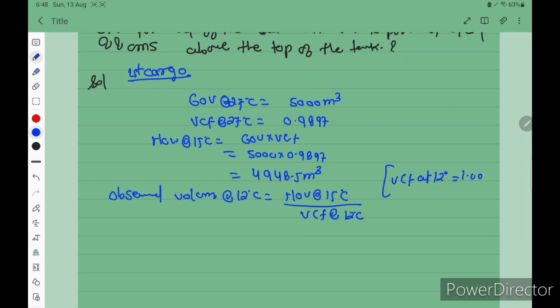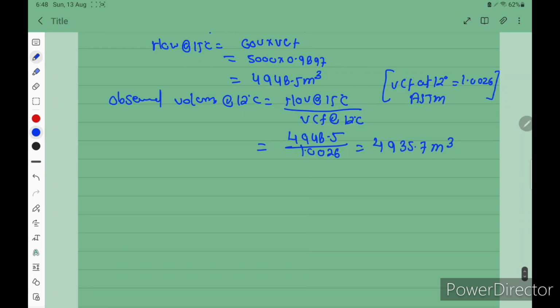So we get 1.0026 from ASTM table 54. So put the value: 4948.5 divided by 1.0026. So we get 4935.7 meter cube.